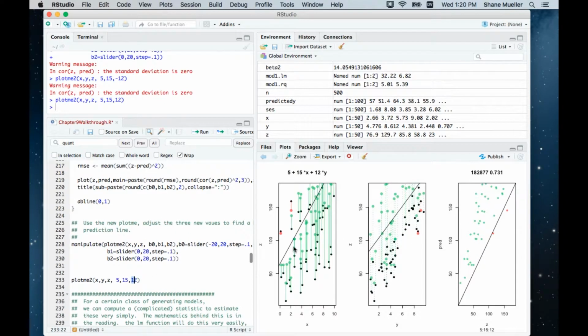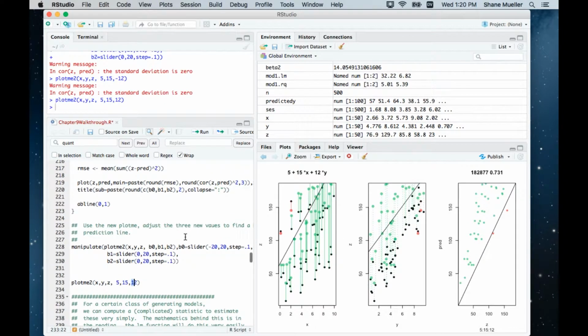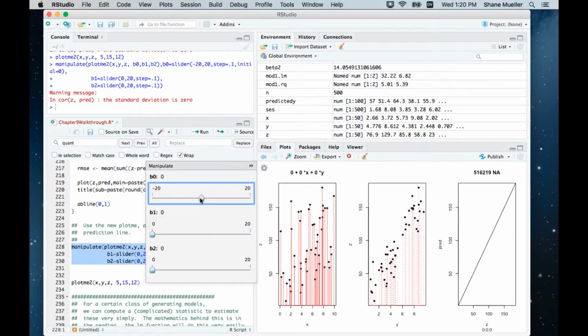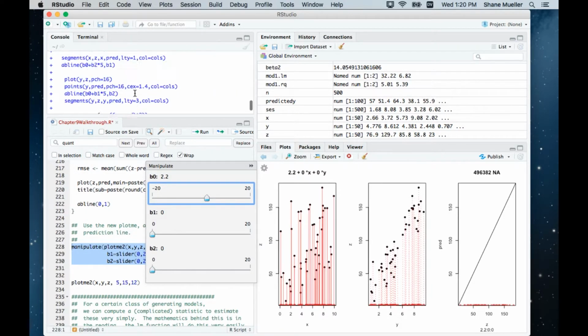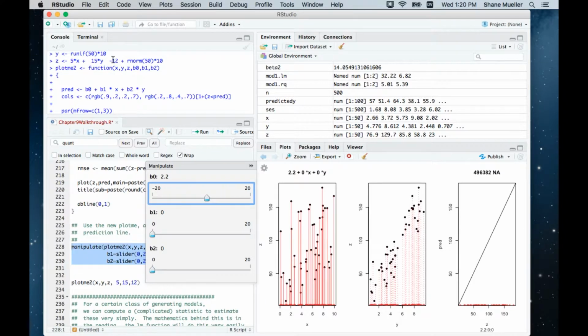This is still not right. Let me try this manipulate again. And I'll set these manually, because I have these in the wrong order. The intercept is -12, so this guy has to be -12.